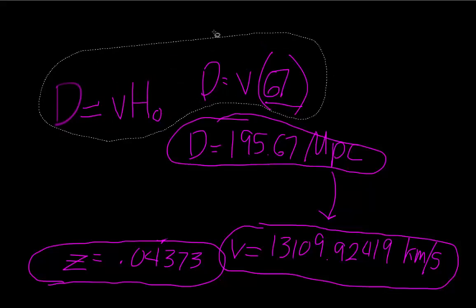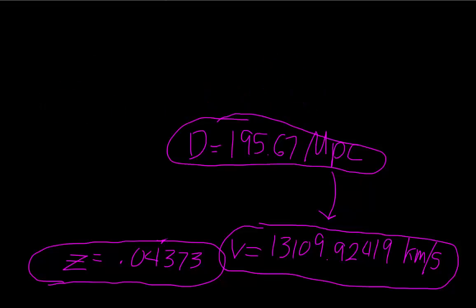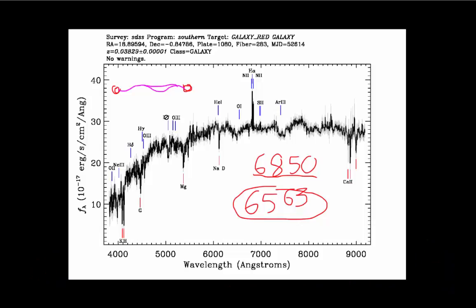And just to recap a little, what we did, we looked at the graph of the spectrum of, remember this, the spectrum of hydrogen alpha, and just the entire spectrum in general of galaxy UGC 807.